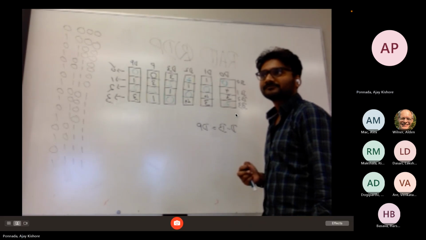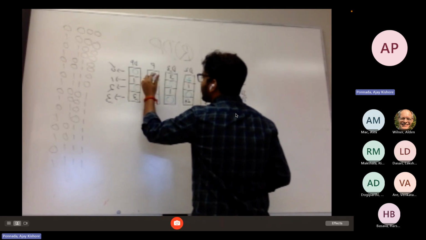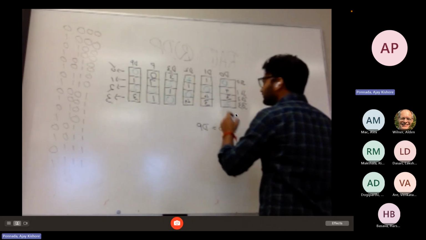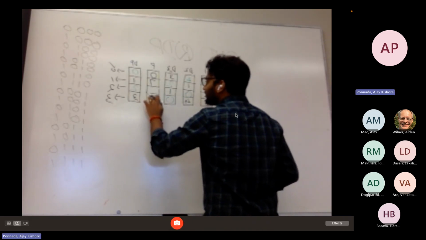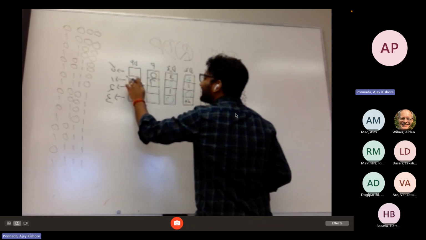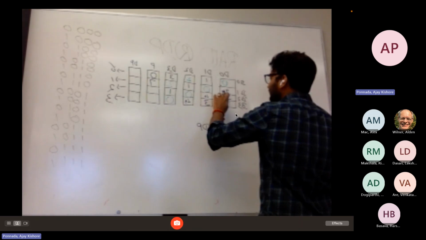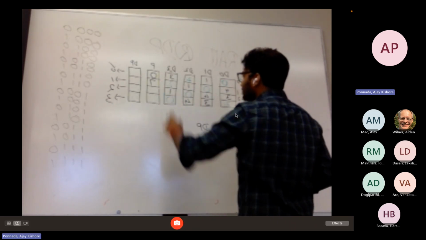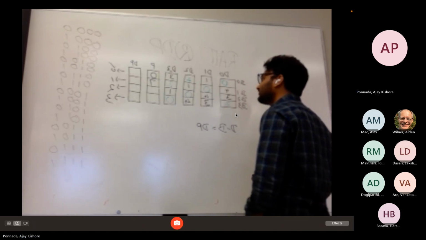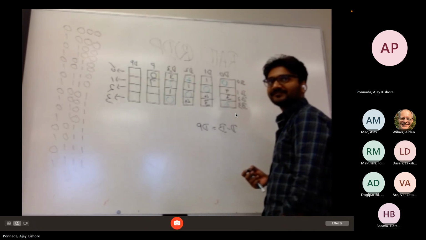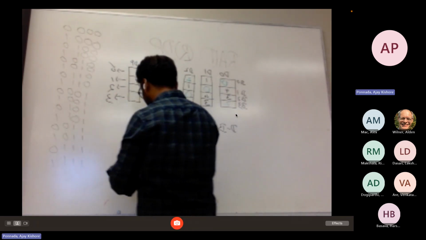What's 1 1 1? 7. So it's 7 right there. Okay. So what's here? 3 XOR 4 XOR 0 XOR 1 XOR.